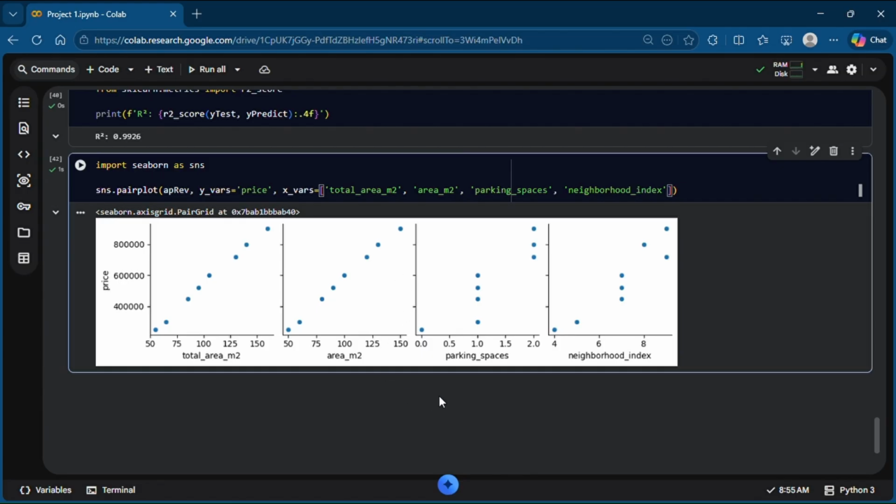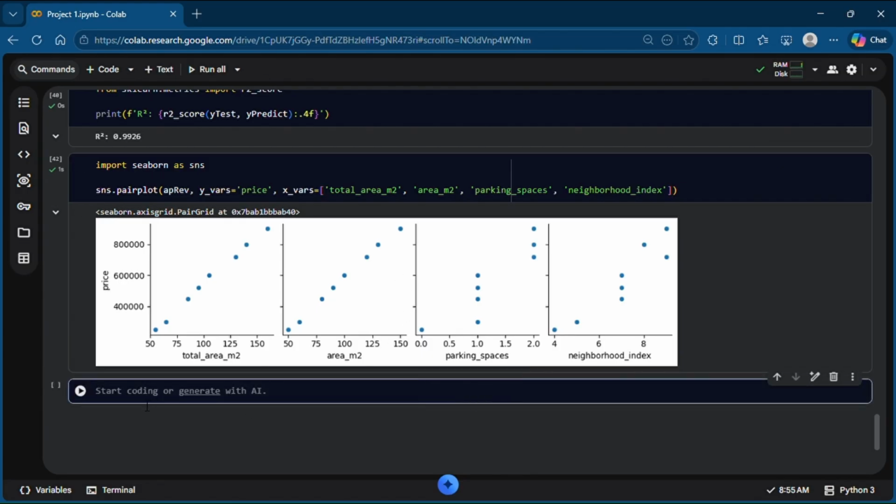Now let's add factors in our linear regression model. To do it we need to use the OLS, the ordinary least squares, from statsmodels.